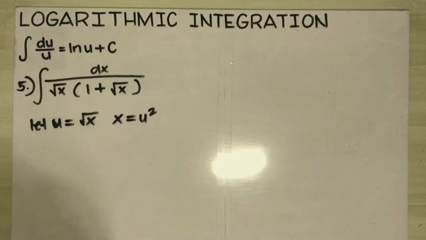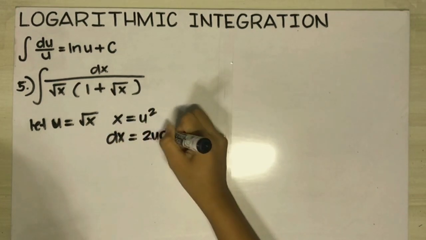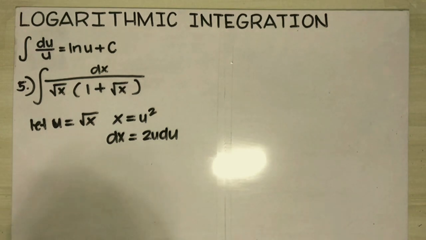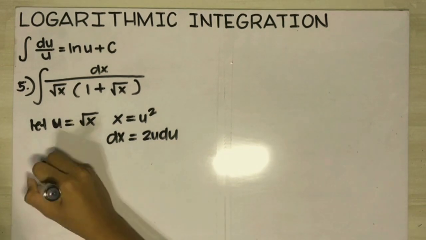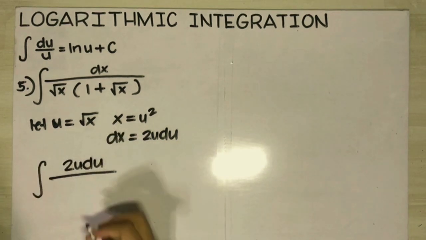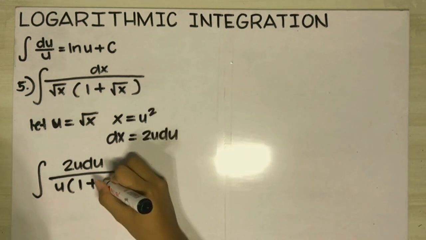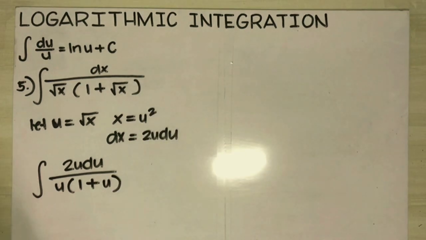So x is equal to u squared, and dx is equal to 2u du. So let's substitute our values to the equation. So the integral of 2u du all over our square root of x, that is now u, times 1 plus u, since we let the square root of x equal u.